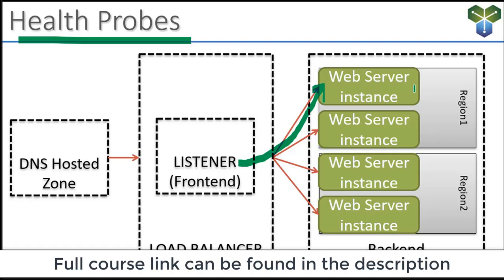So for example, maybe it'll send an HTTP request to the first web server, and that one responds, and yeah, we know it's healthy. And the same thing happens with the second one and the third one. So the load balancer is constantly sending these health probes to make sure that the virtual machines on the back end are actually working and responding.